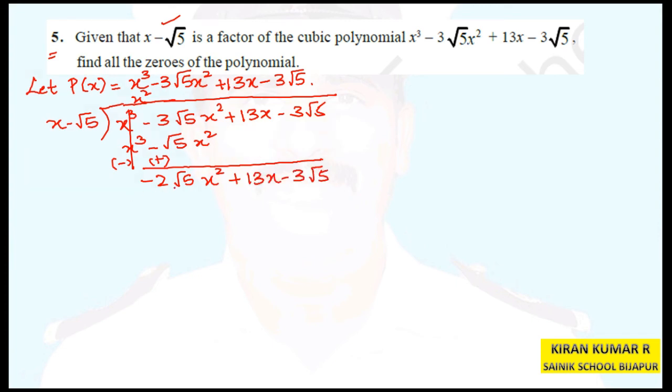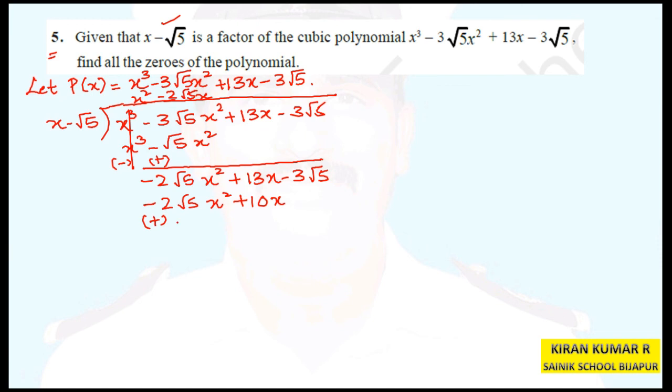Look at the coefficient. We have minus 2 root 5. So minus 2 root 5 x multiplied, we will be getting minus 2 root 5 x square plus 10x, because 2 root 5 multiplied by root 5 is 10.